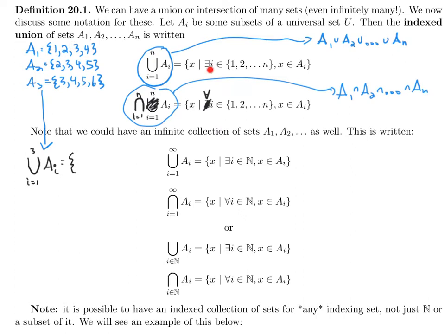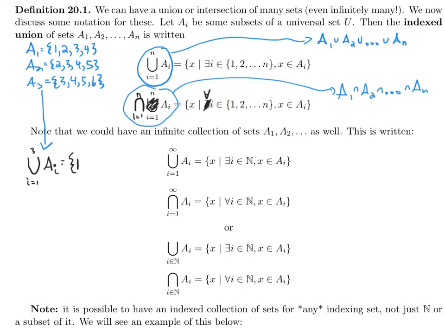So what does that mean? There is an I, 1, 2, or 3, so that that element is in one of them. So, for example, 1 is going to be in our indexed union because 1 is in A1. There is an I, that I is 1. It's in A1. 2 is also in A1.